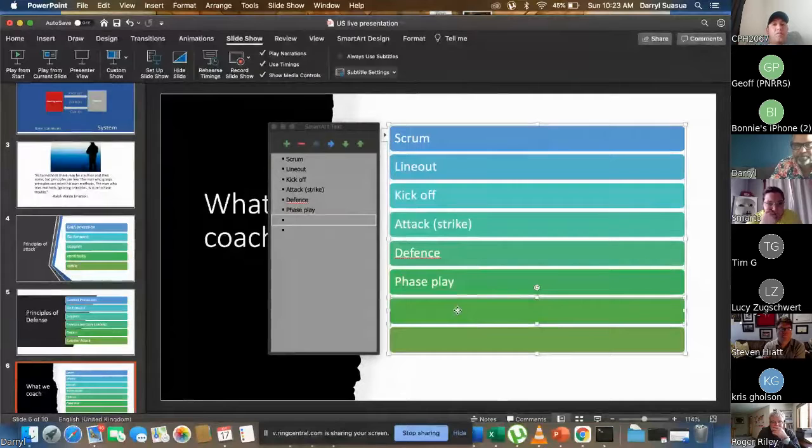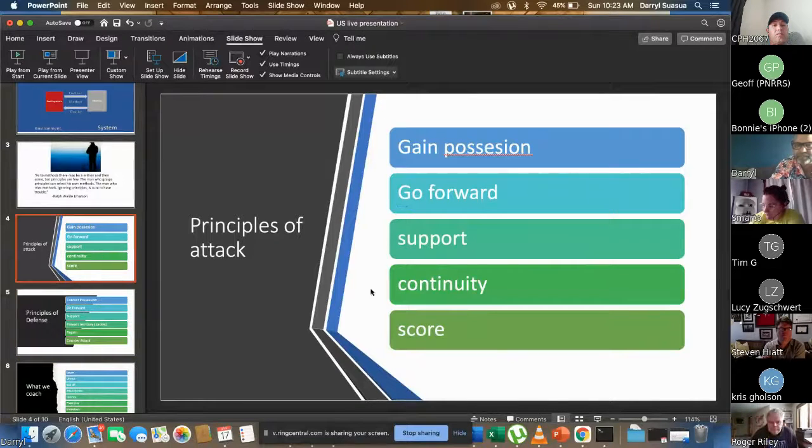is a really important part of the game, which is the breakdown. Okay, so if I go back to these principles, when we look at continuity on attack, what we're looking at is the tackle, taking the ball into contact, the clean out, the accuracy of the clean out and all that sort of stuff.